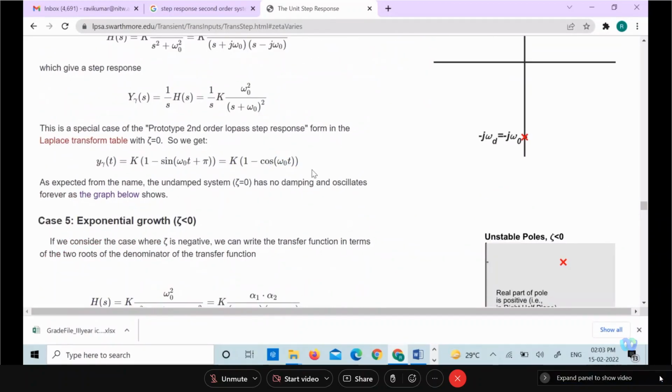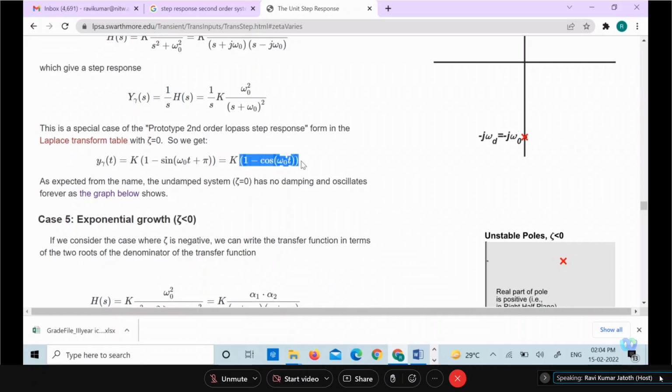See here, we want time response analysis, means with various values of time t, we need to plot the response. So now here, this is 1 minus cos omega n t. When t is 0, what is the response? When t is increasing, how is the response?